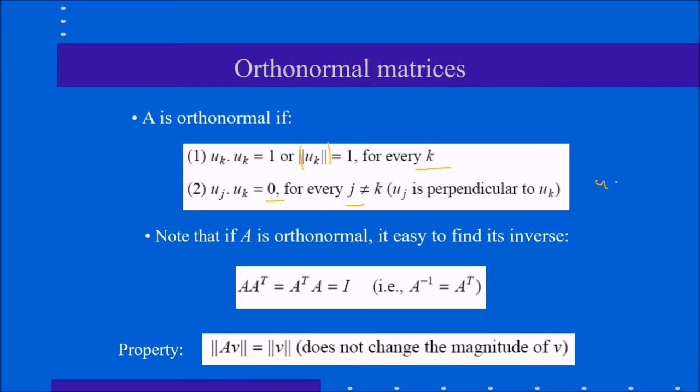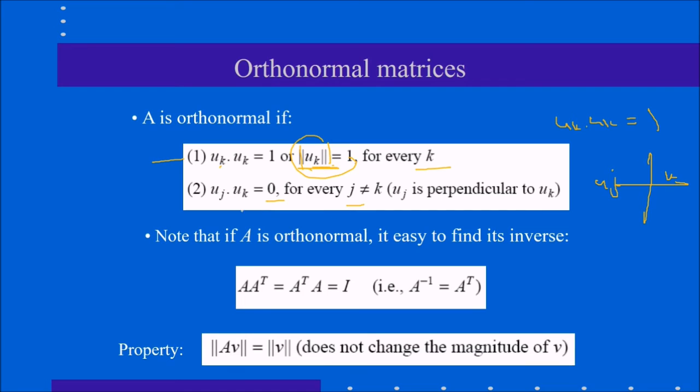So uj is perpendicular to uk, and they are orthonormal if these two conditions hold. uk dot uk is equal to 1, and the magnitude of uk should be 1. That is why it is orthonormal only when the magnitude is 1. If uk has the magnitude of 1, you multiply it again by uk, that is 1.